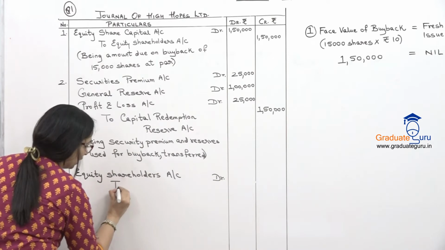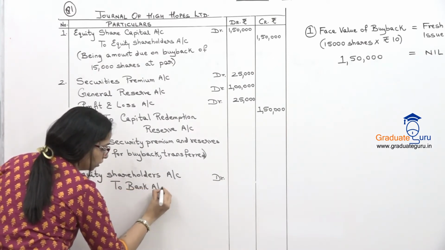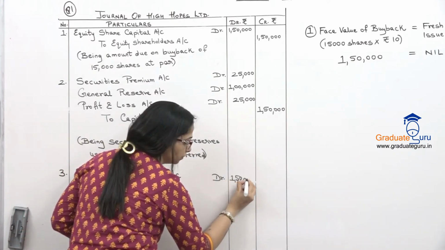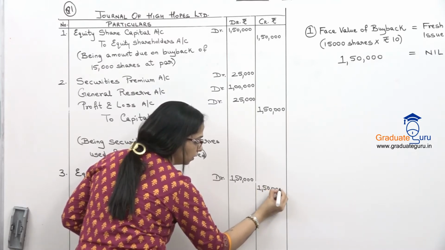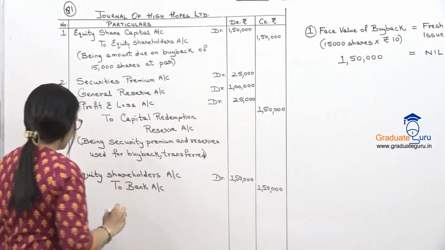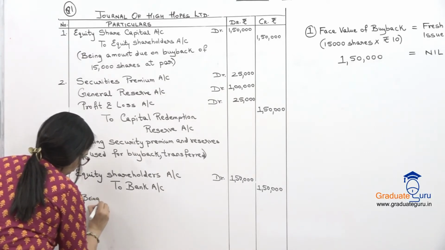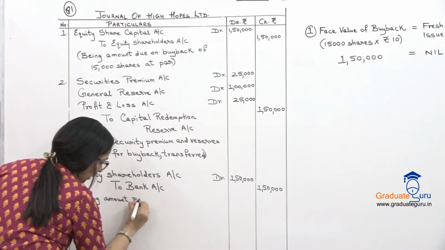So what you are going to credit is bank. To bank account, full amount 1,50,000. Okay, and simple narration being amount paid to shareholders.